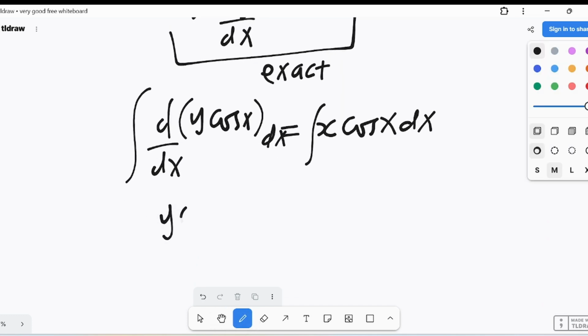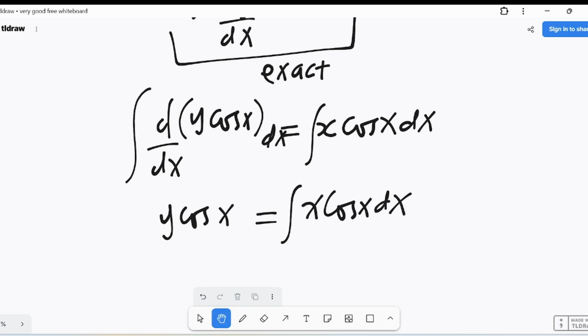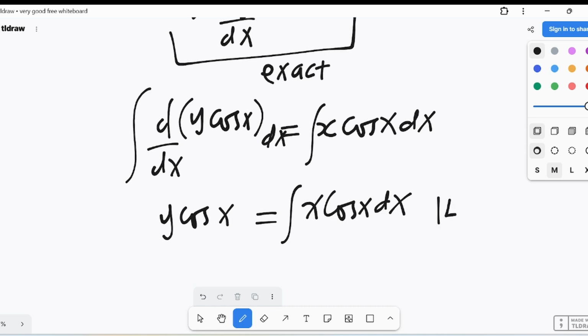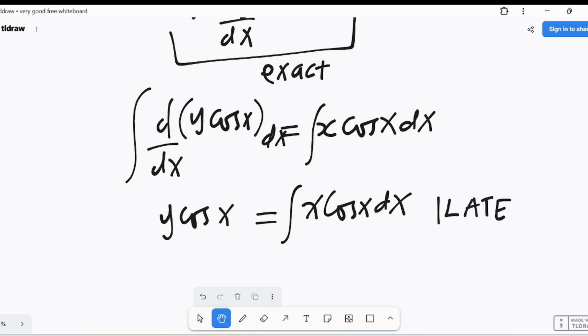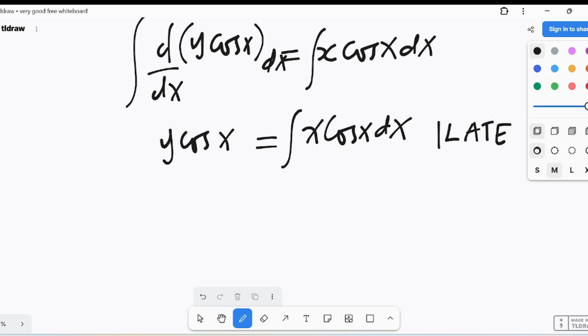So when we integrate both sides, we shall have y cos of x is equal to, now the other one is by parts. So this one goes for by parts. So we apply by parts. We use something called the ILATE, where we can say we have algebraic, we have trigonometric.